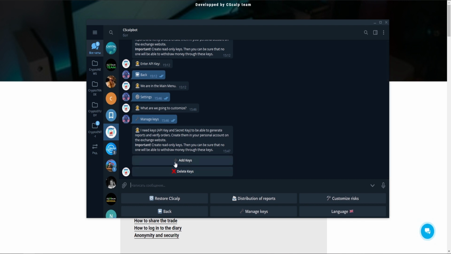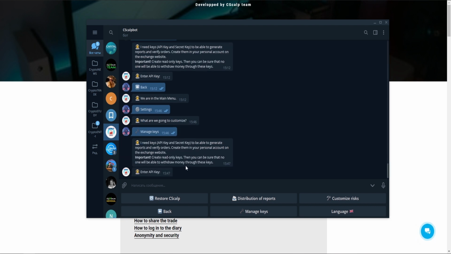Afterwards, we click add keys if we want to add some new API keys from the Binance exchange, or delete keys if we want just to delete the keys that already exist here. So we add keys here, and firstly we have to paste the API which was previously created on the Binance exchange.